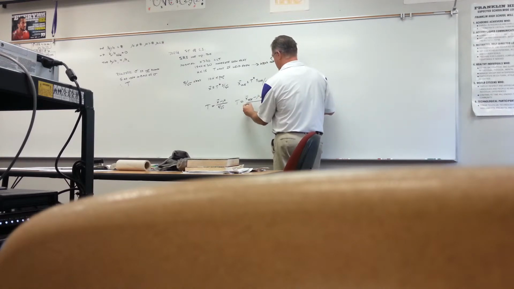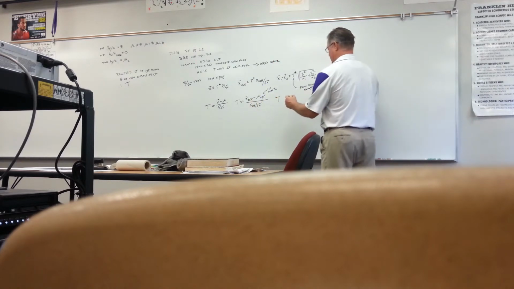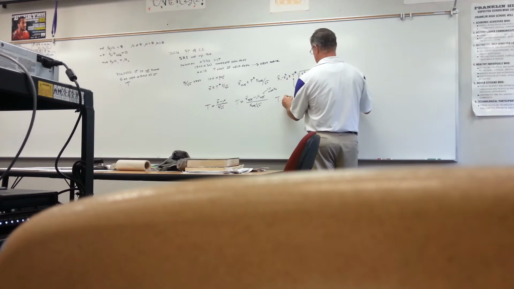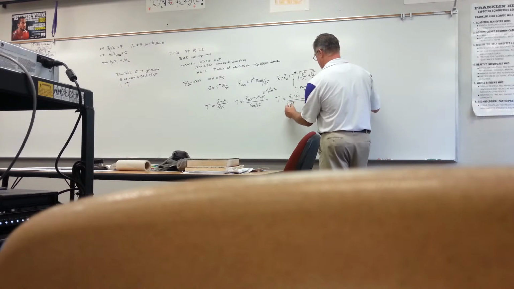Then S of the differences, this might be your list 3, divided by square root of how many there were. If I was doing a 2-sample test, it would be x bar 1 minus x bar 2 all over, we don't pool, so S1 squared over N1 plus S2 squared over N2.